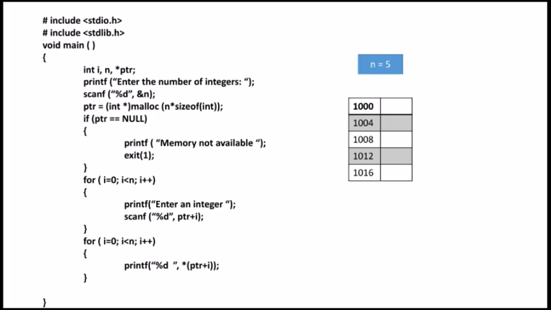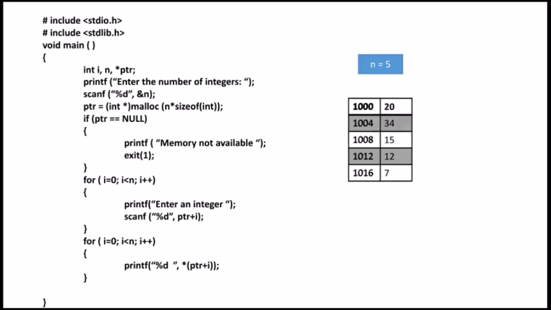So this is how that particular variable or slot works. ptr plus i means what? The value required by an integer. So 4 bytes are required, that means 1000 plus 4, that is 1004, and on that address the next value will be saved.